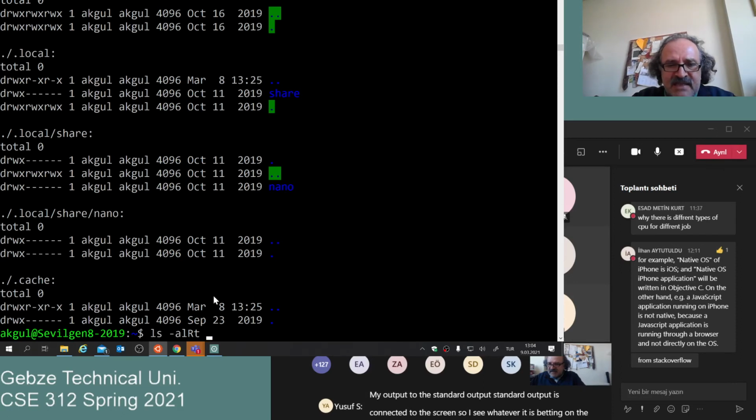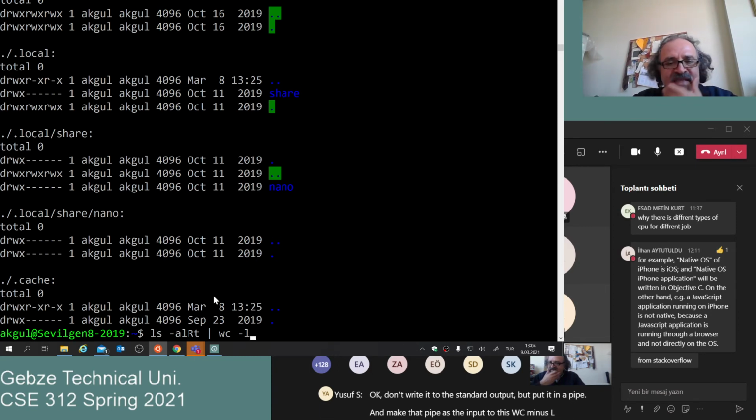But Unix has this nice command to say that whatever you are writing to the standard output, pipe it. Don't write it to the standard output, but put it in a pipe and make that pipe the input to the wc -l program.